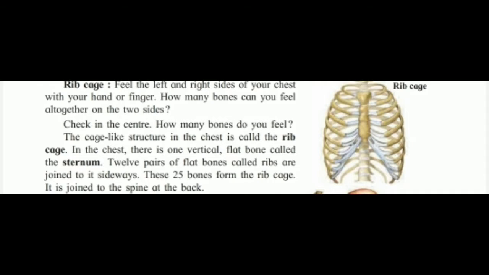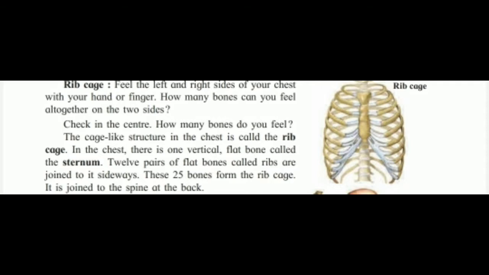It is joined to the spine at the back. 12 pairs of ribs means 12 into 2 is equal to 24 bones. And 25th bone is sternum. These ribs are joined to the vertebral column or spine at the back. They protect the delicate organs of two systems.